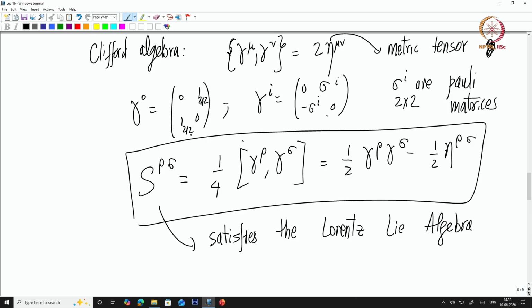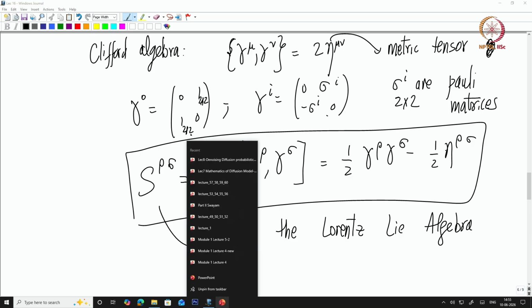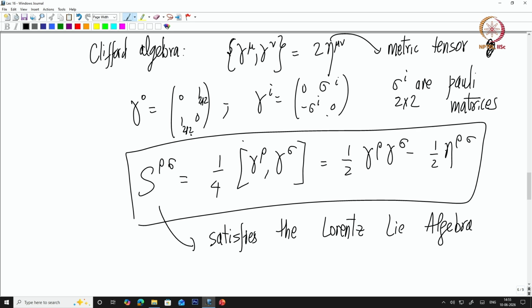But the fun part is you can construct a commutator of the gamma matrices in this particular fashion. This S rho sigma is the commutator of the gamma matrices, not the anti-commutator. The anti-commutator just gives you the eta mu nu, which sets up the Dirac equation.